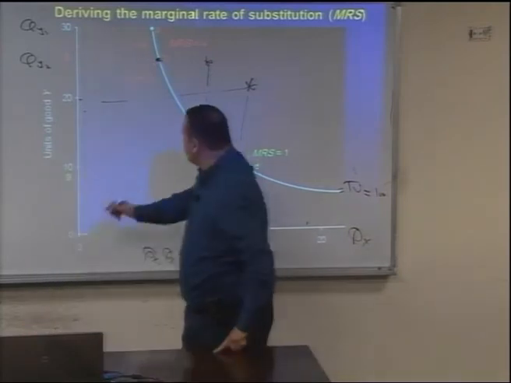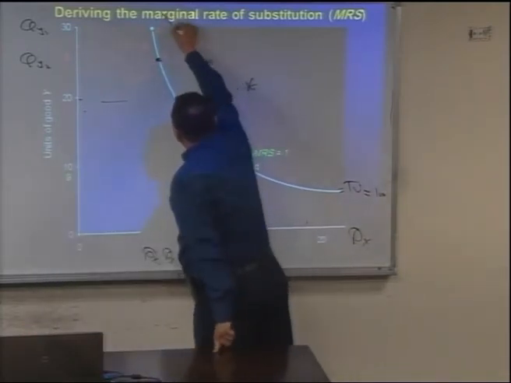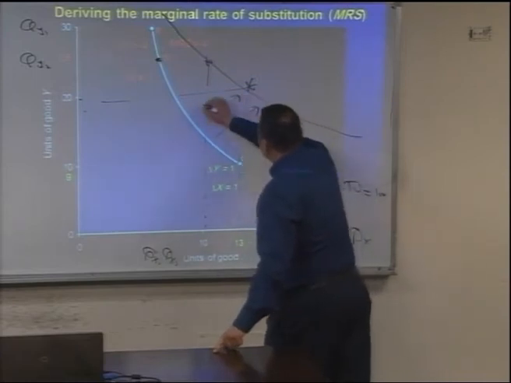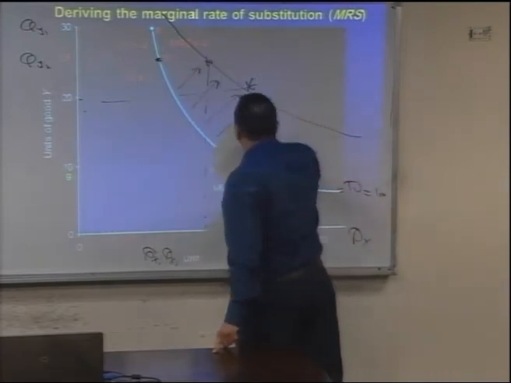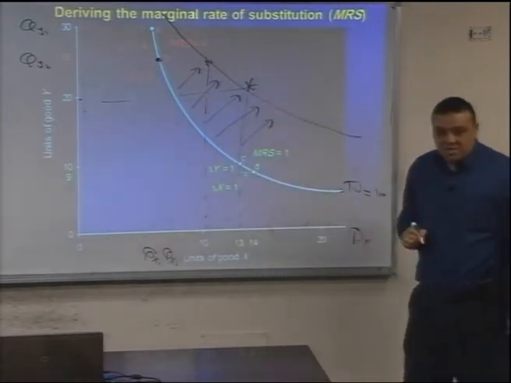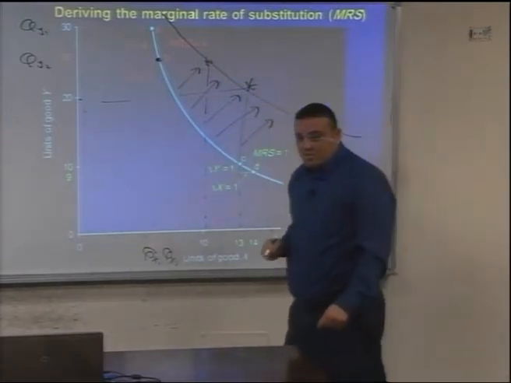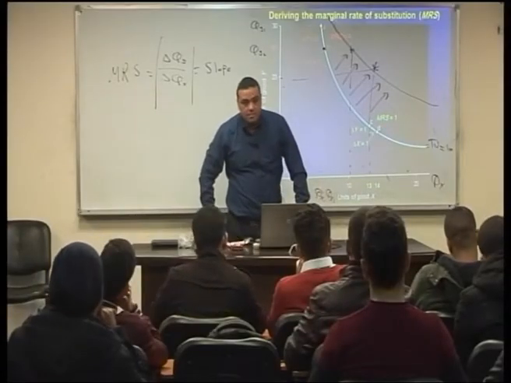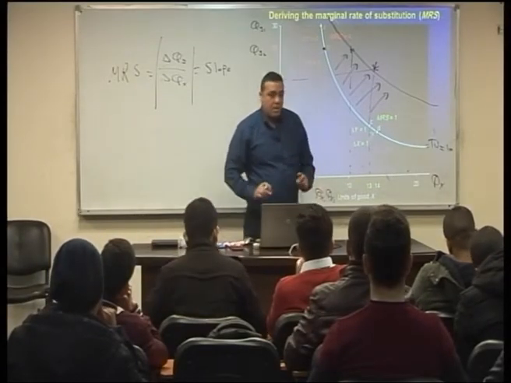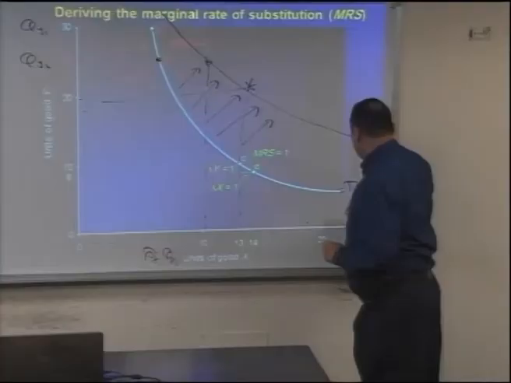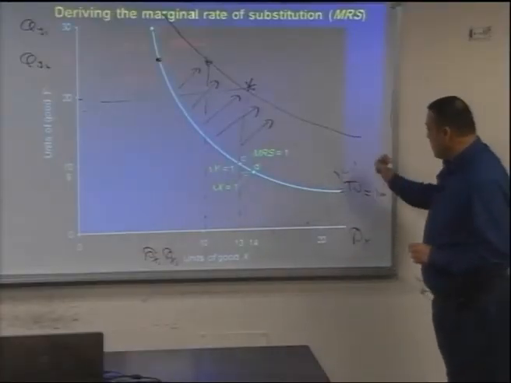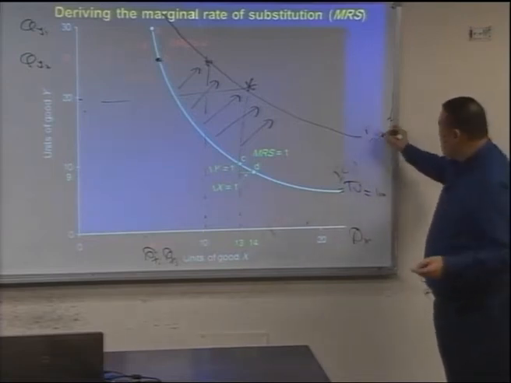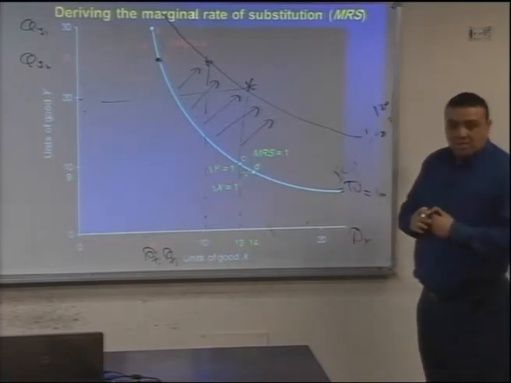So, a movement to the right, rightward shifting in the indifference curve means that the consumer will get larger total utility. This is the indifference curve 1, IC1, IC2 gives him maybe 120 utils.